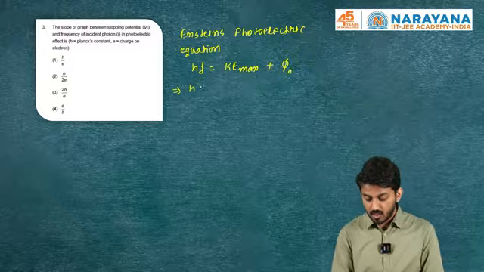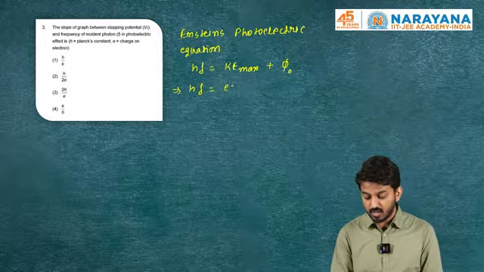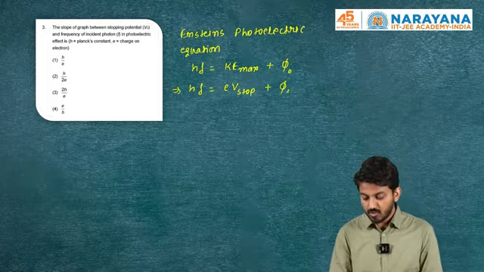Now, hf, now kinetic energy maximum value I can write down as e into V stop, stopping potential, plus phi naught.